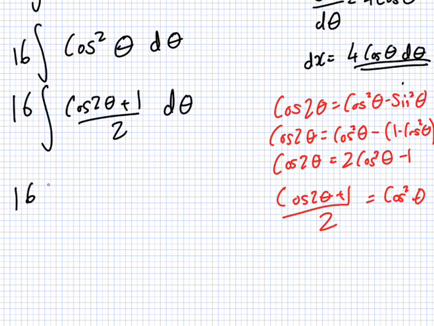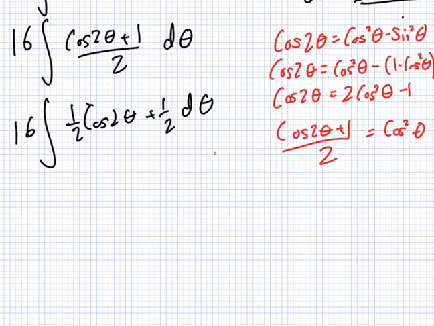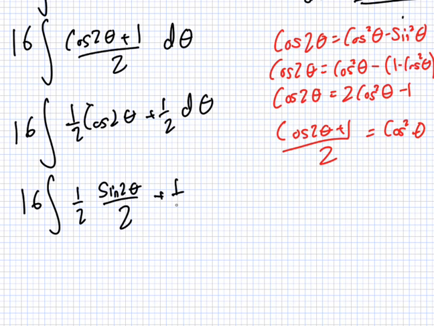That's 16 integrate a half cos 2 theta plus a half d theta. After I integrate, the cos becomes sine 2 theta over 2 plus a half theta, plus c.